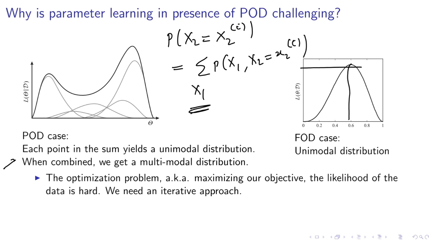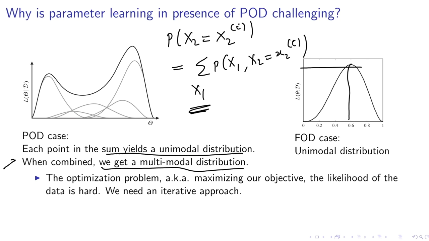So for each value of x1, we get a unimodal distribution. However, when we sum over different values of x1, we get a multimodal distribution because we are combining multiple unimodal distributions.